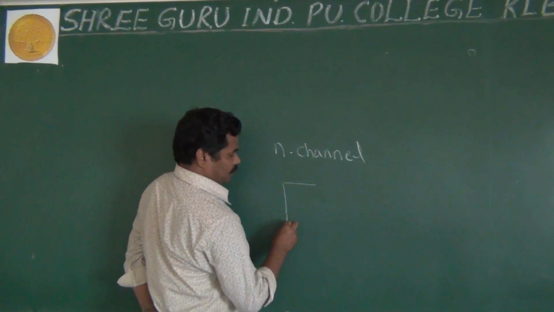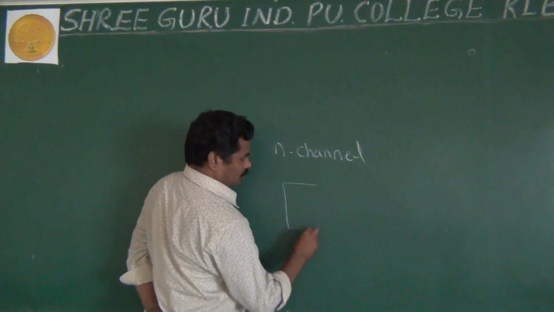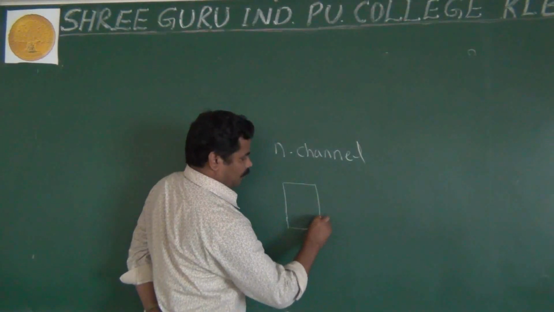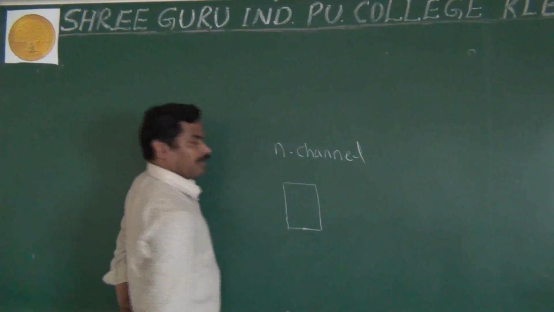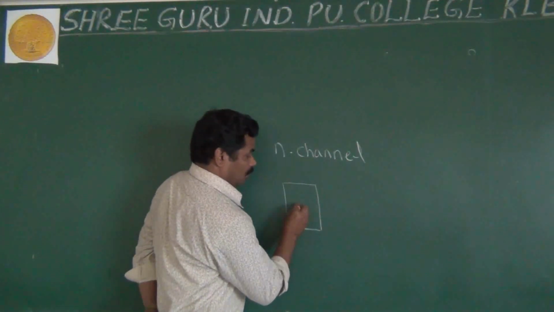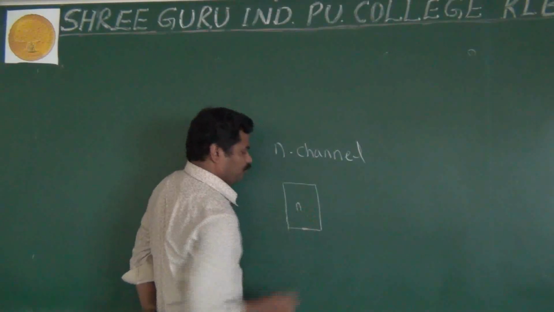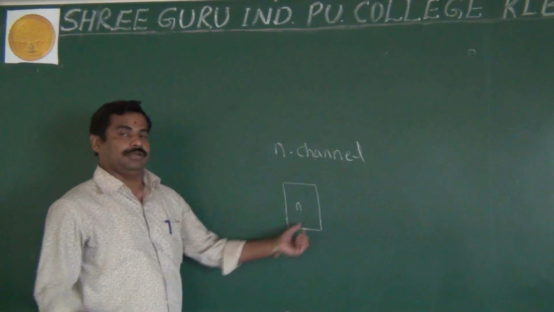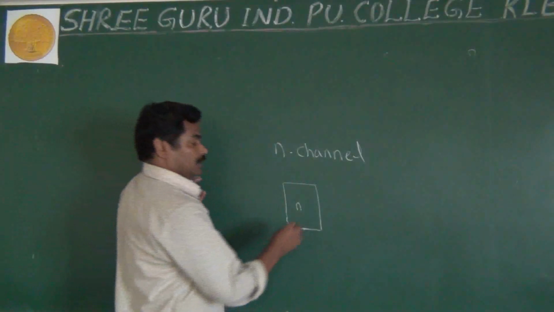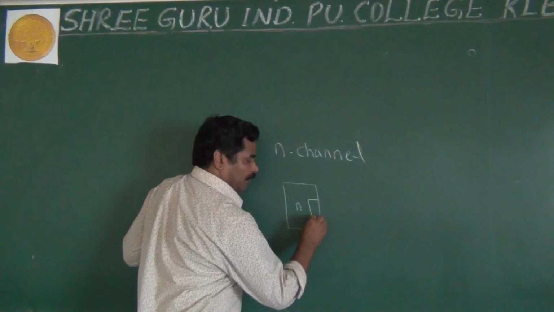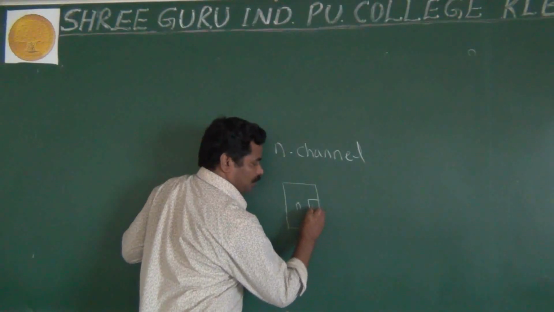Take an N-type semiconductor bar or piece, and next, on the opposite sides of the N-type semiconductor, you diffuse the P-type semiconductor.